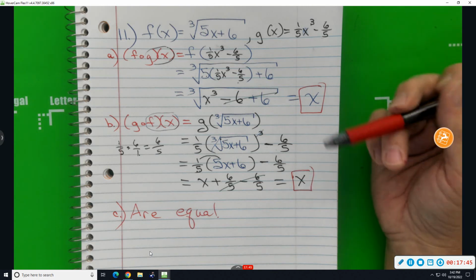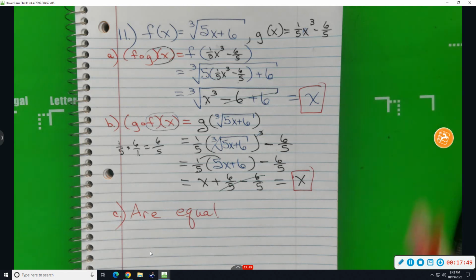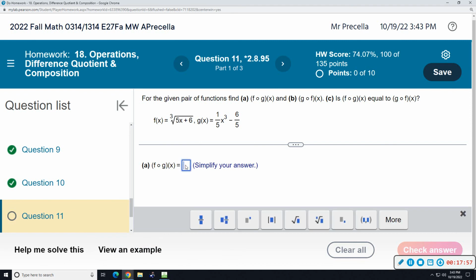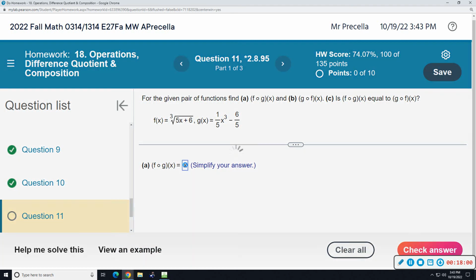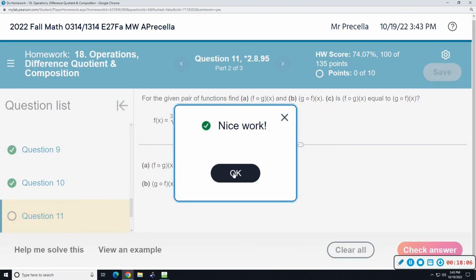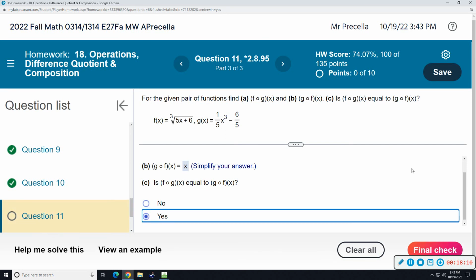If you're left with something other than an x, then they're not inverses. Any questions there? So, x. And are they equal? Yes.